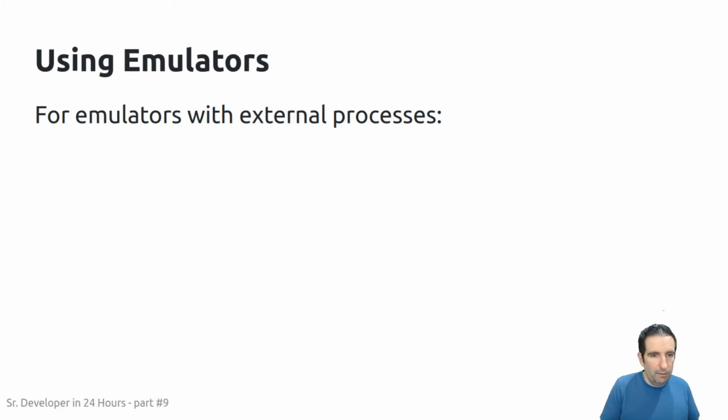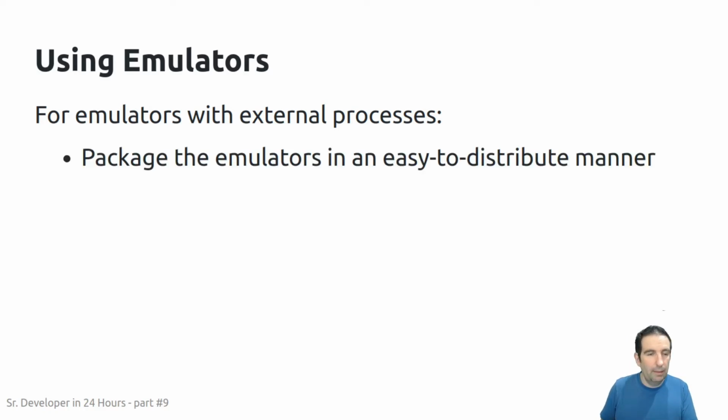Okay. So when we're using emulators, for example, emulators that are running in an external process, as senior developers, we should take care to make sure that they're packaged in an easy to distribute manner so that other developers in our team can quickly get up to speed.